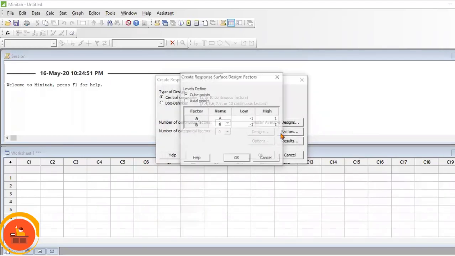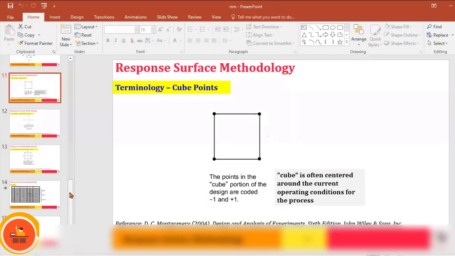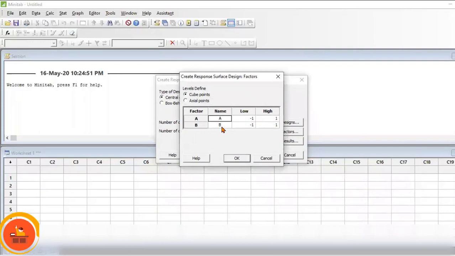Then factors. What are the factor names I am taking? I will consider reaction time and reaction temperature. What is the low value and high value for reaction time? 80 to 90. So 80, 90.